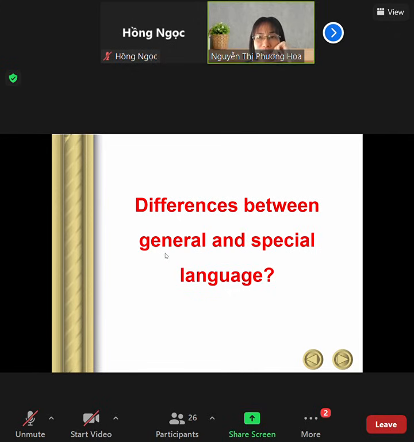The question is on the slide. Do you have any idea about the differences between general and special language? You study legal English, is that special language? Legal English.